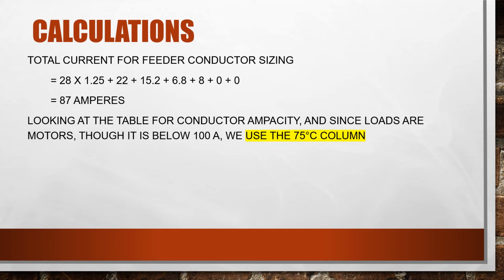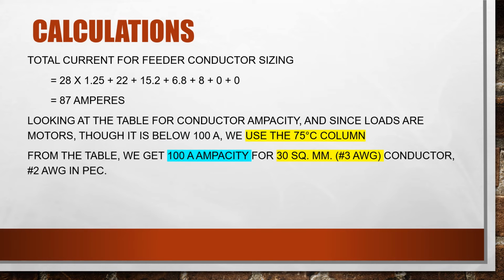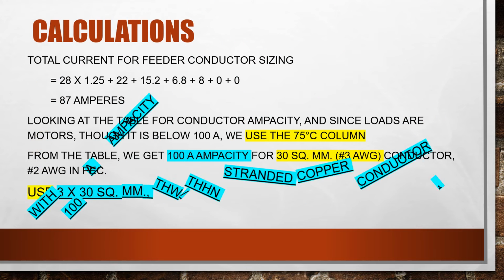Now looking at the table for the conductor ampacity, since the loads are motors, though it is below 100 ampere, we have to use the 75-degree column for the motors. From the table, we get 100 ampere ampacity for 30 square mm, or this is equivalent to number 3 American wire gauge conductor, or number 2 American wire gauge in PEC or Philippine Electrical Code.